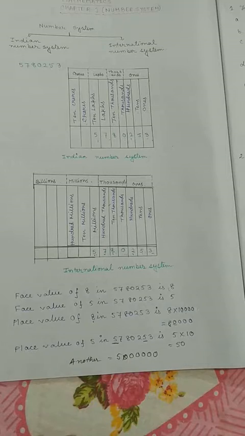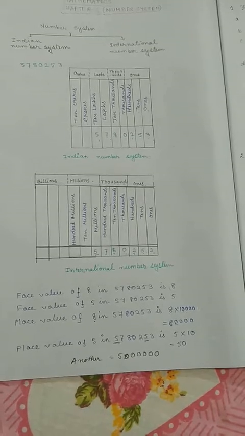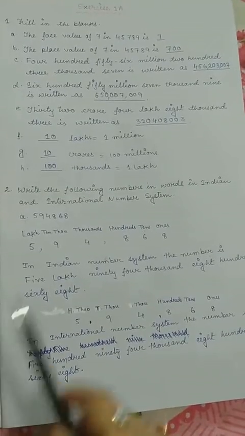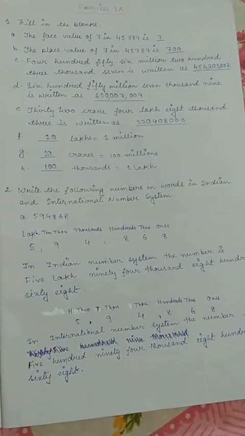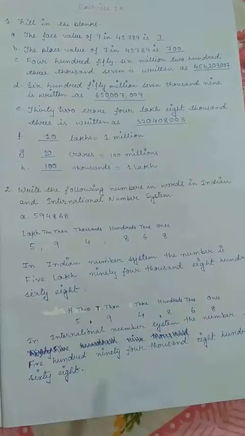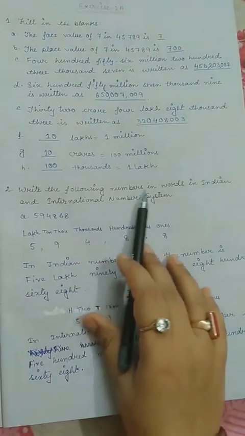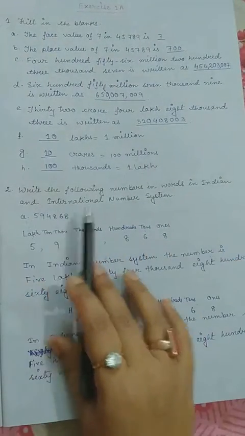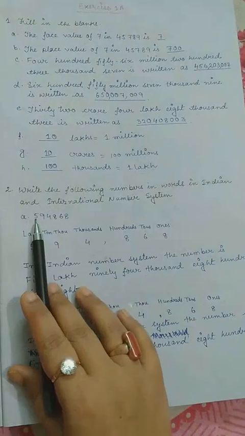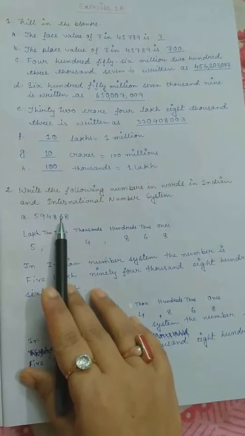Let us do some exercise questions. First, we have to solve the questions starting from number 2; we are coming to the first afterwards. Write the following numbers in words in the Indian and international number systems. So, the first number is 594868.